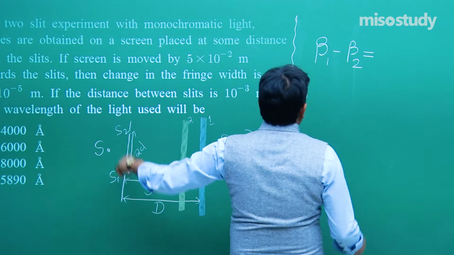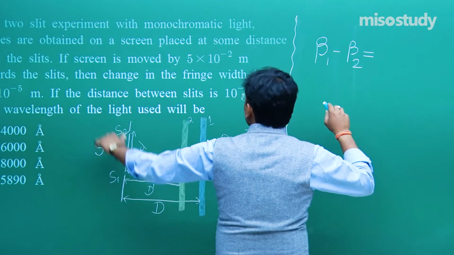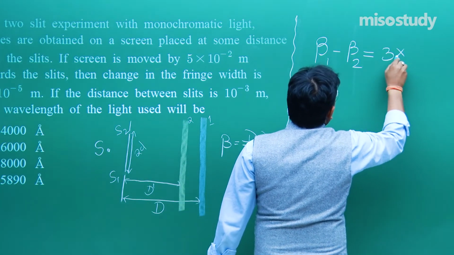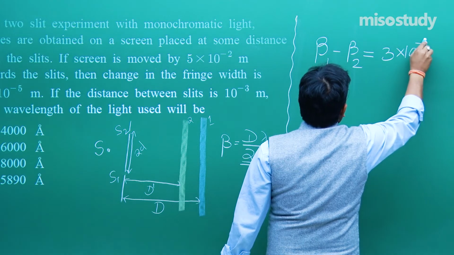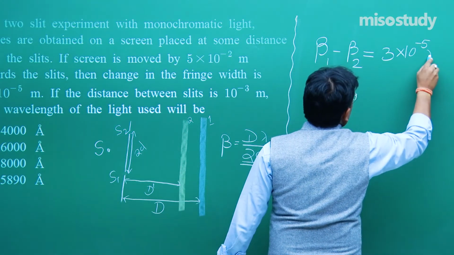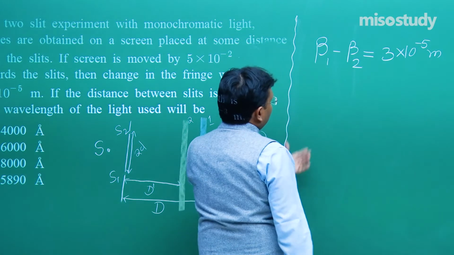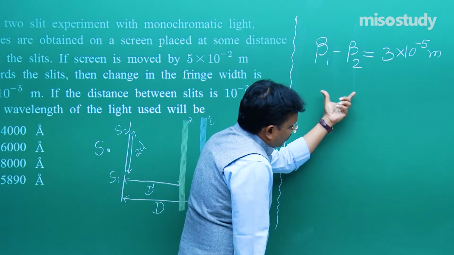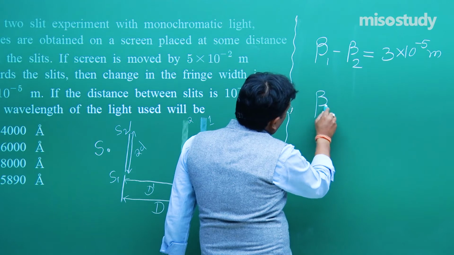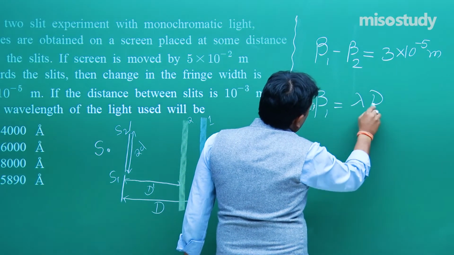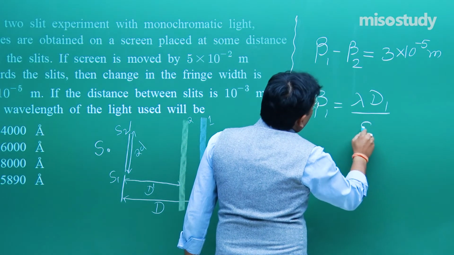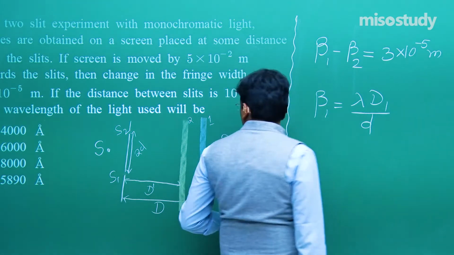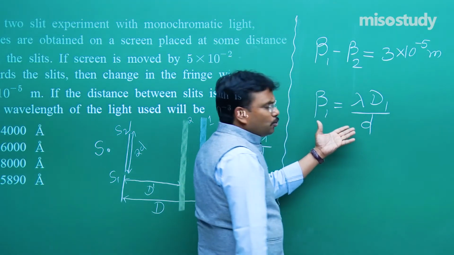Good. So, beta 1 minus beta 2 is equal to 3 into 10 to the power minus 5 meter. This is the fringe width difference because of this change. Beta 1 is equal to lambda D1 upon d or 2d, because here I mentioned 2d, so I can use 2d or d.